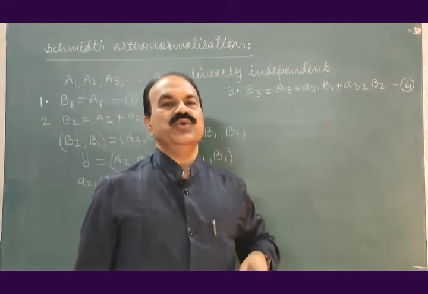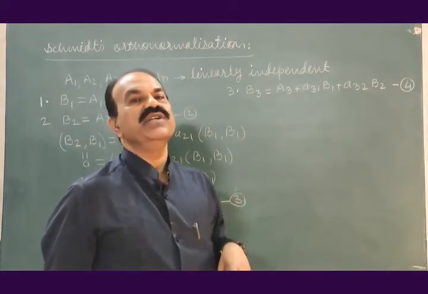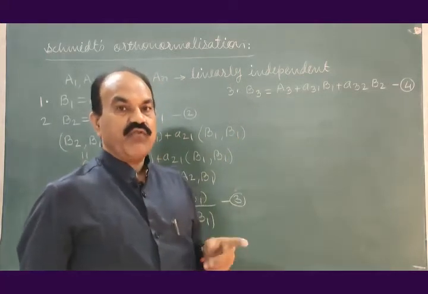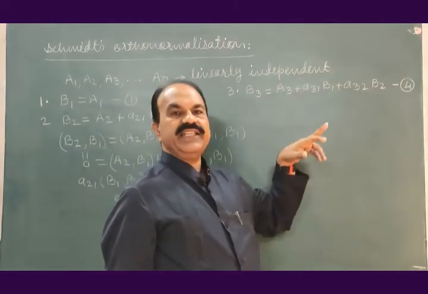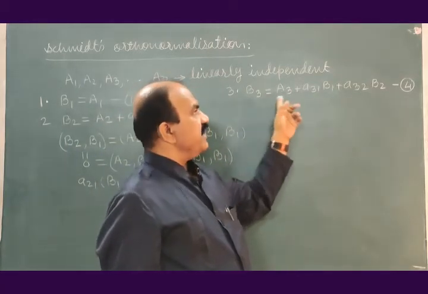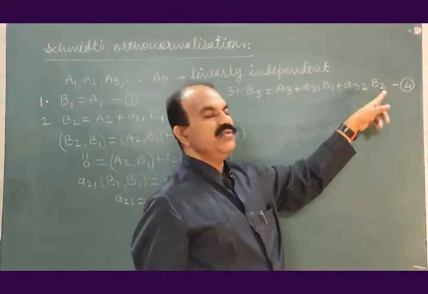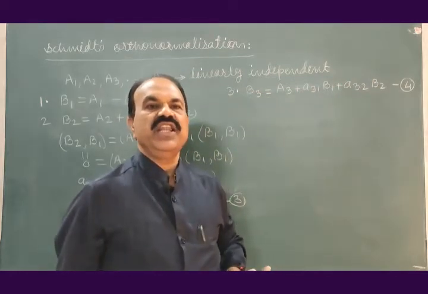These are unknown and we need to find these unknown scalar constants a31 and a32. Once we find these scalar constants a31 and a32, everything will be known. a3 known, a31, b1, a32, b2 all are known. So b3 can be very easily found.